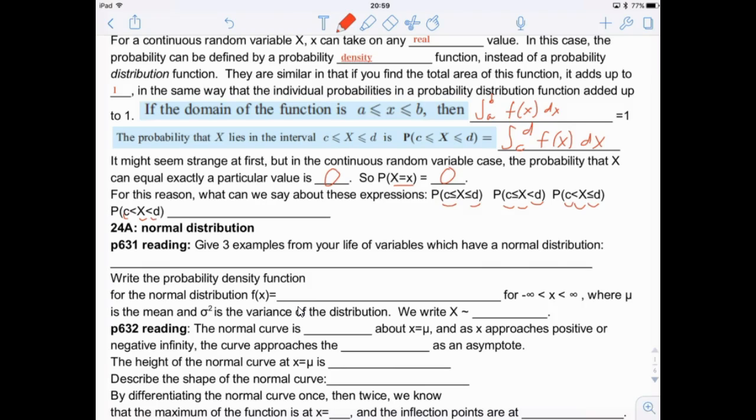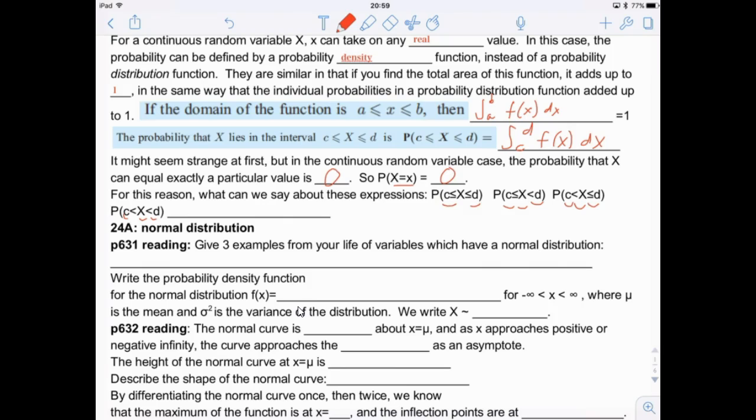You can see the differences between these as I've interchanged less than or equal to with less than, because sometimes that makes a big difference in math, right? But in the case of probability density functions, since the probability that the random variable takes on exactly a certain value is 0, it doesn't matter whether you put less than or equal to or less than.